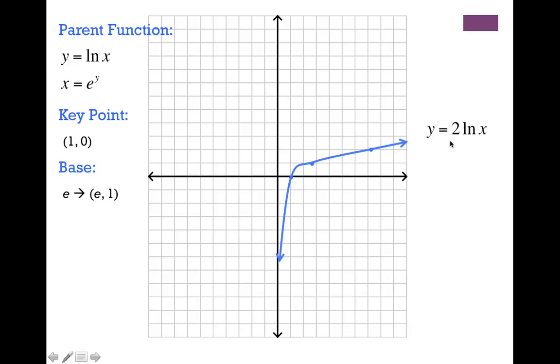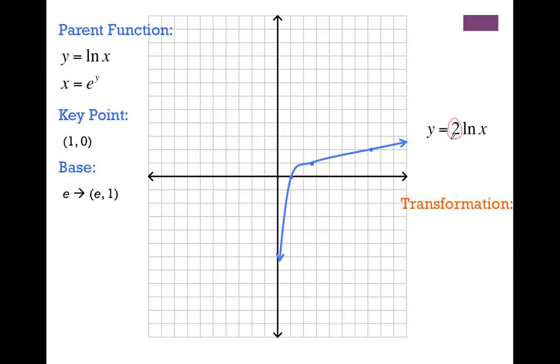Now I need to take a look at my actual function and decide what kind of transformation I need to do. Well, in this case, the other number that we're being given here is this 2, which is an a value.